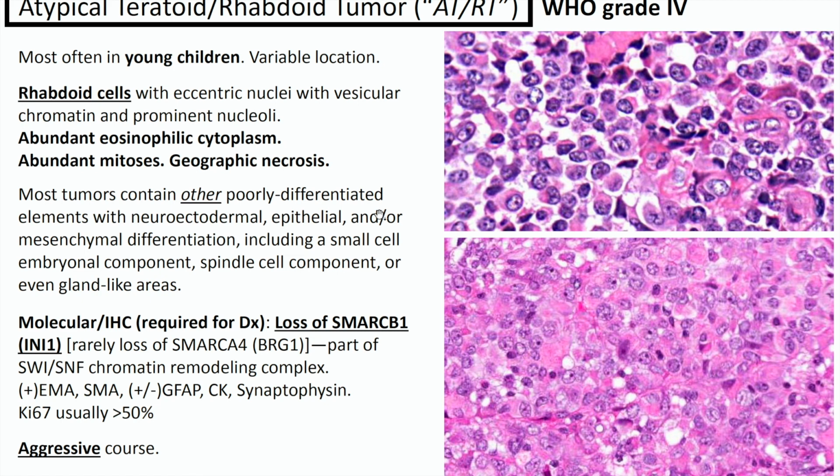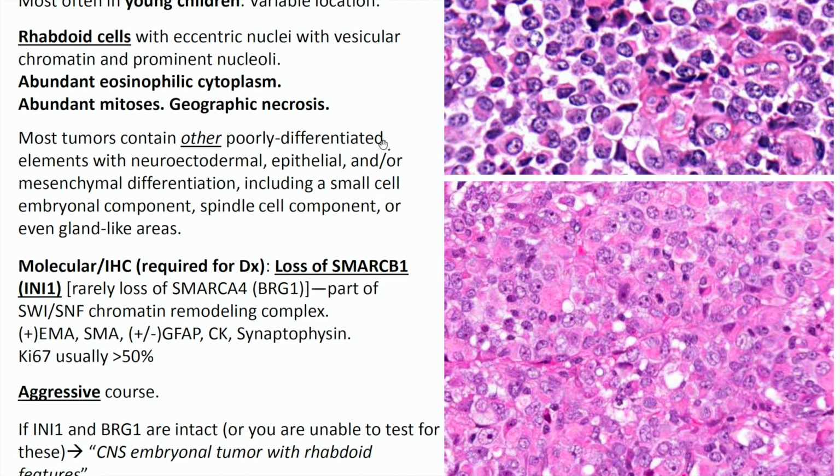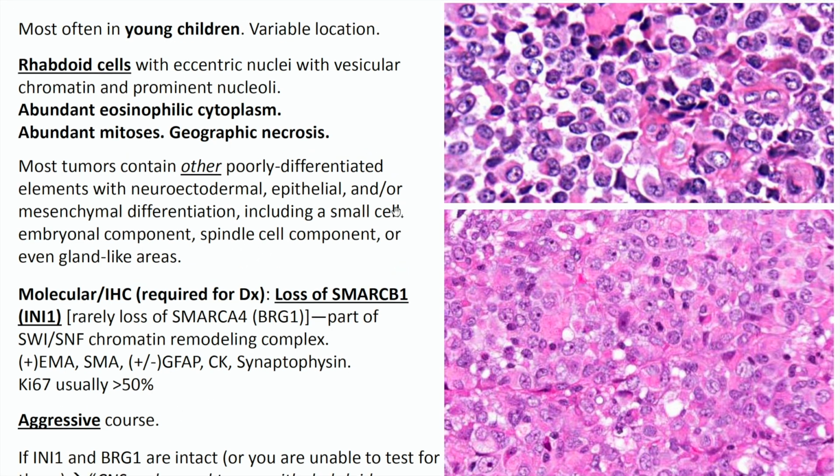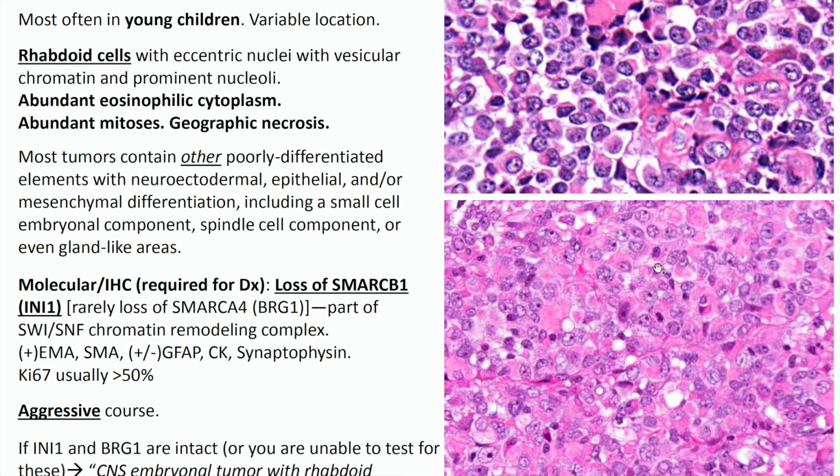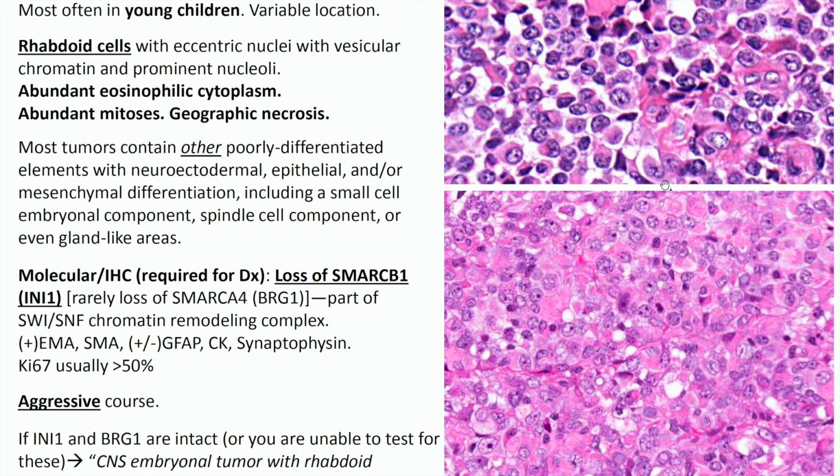And the Ki67 is usually over 50% for these lesions, which would track with them having an aggressive course with a high proliferative rate. And if INI1 and BRG1 are intact, or you're unable to test for these, then it's going to be a CNS embryonal tumor with rhabdoid features. And you can appreciate that rhabdoid morphology in the images to the right.